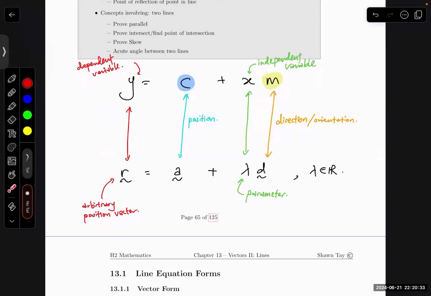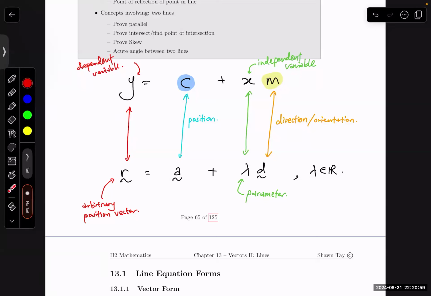This equation, to be very precise, is not a line. This equation talks about points, points that are collinear. This is not about the line. This is about the points.